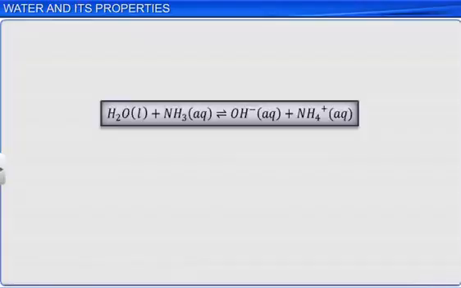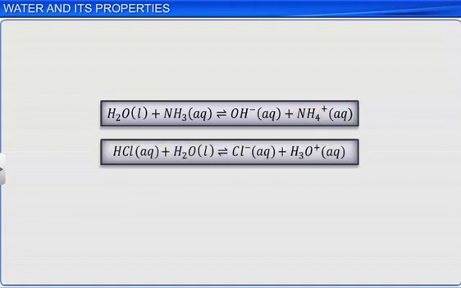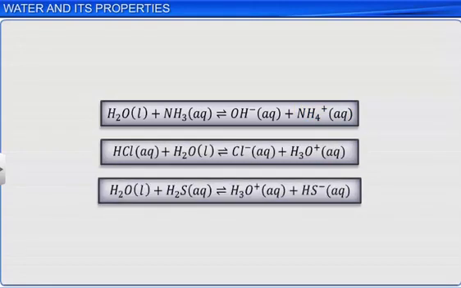For example, in the reaction with ammonia, water acts as an acid by giving H plus ion and forming NH4 plus ion. In the reactions with hydrogen chloride and hydrogen sulfide, water behaves as a base by accepting H plus ions and forming H3O plus ions.